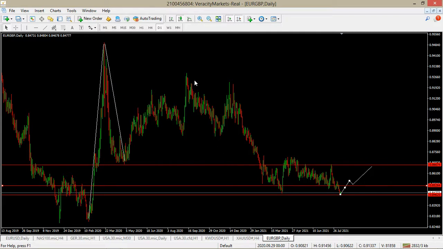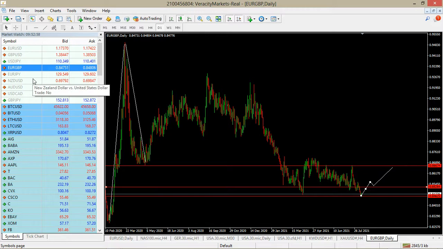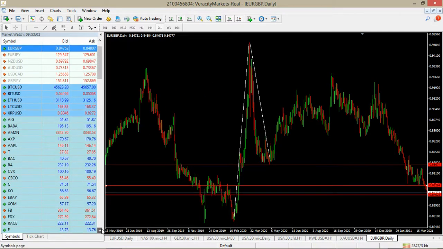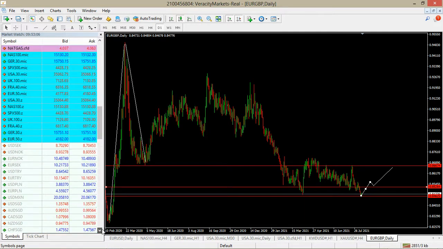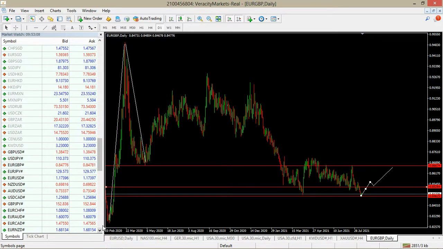Now we are going to the crazy one, the GBPCAD. Remember GBPCAD, this one is the hard one to trade, but also the most fun, magnificent one to trade. So as we are looking for it, EURGBP, no, not EURGBP.